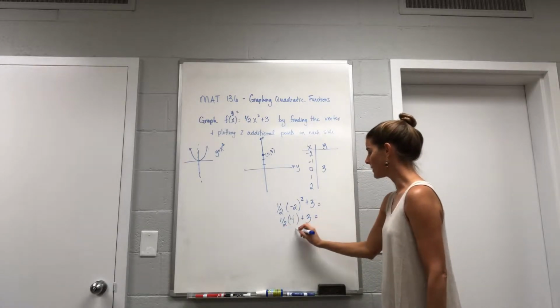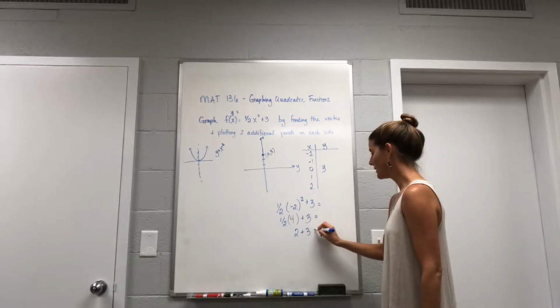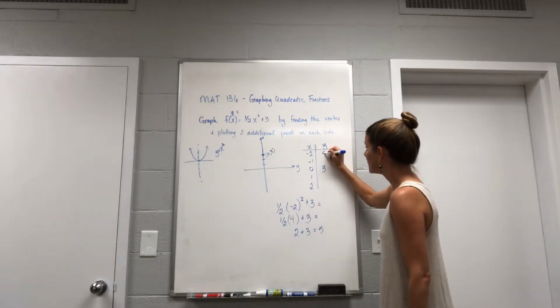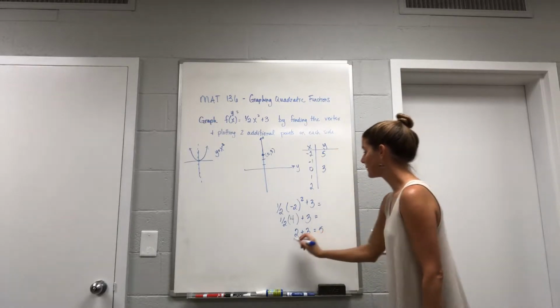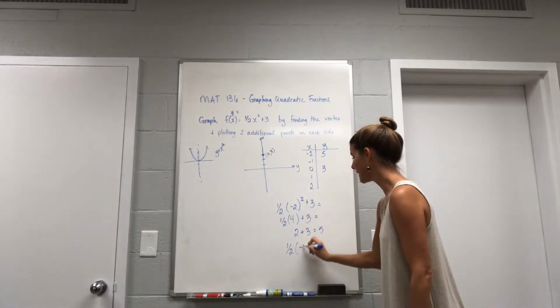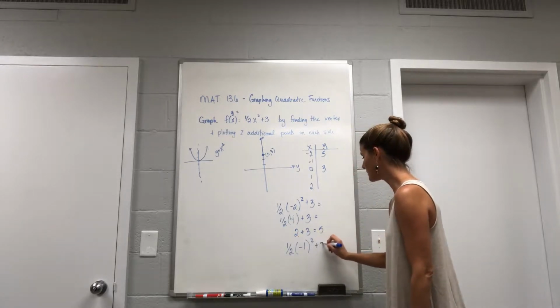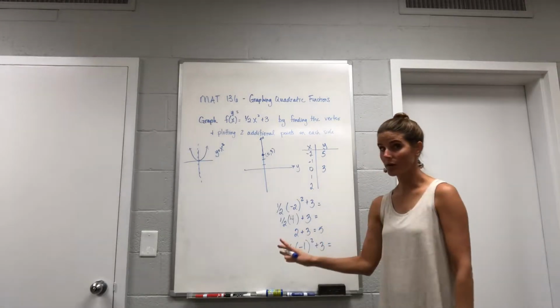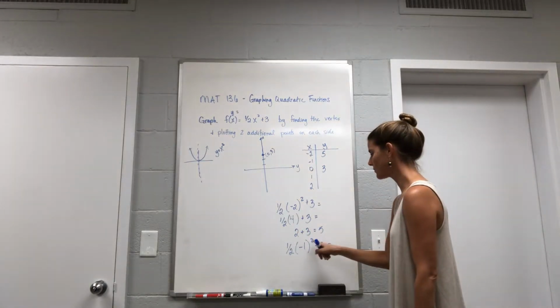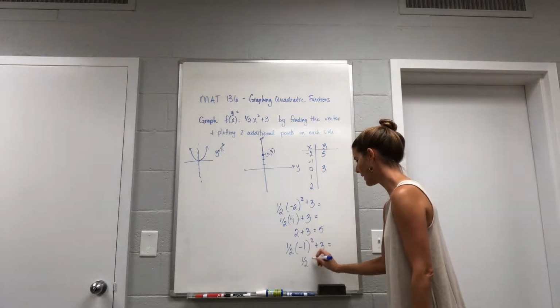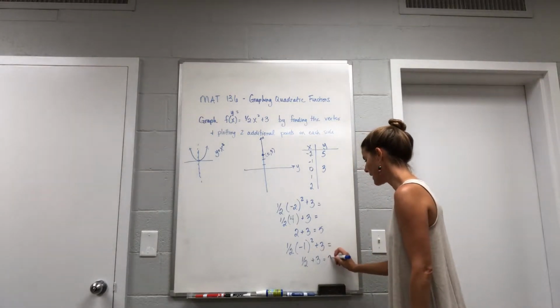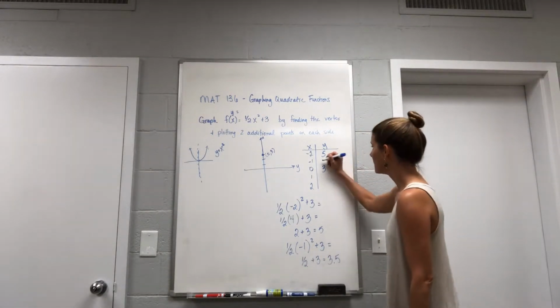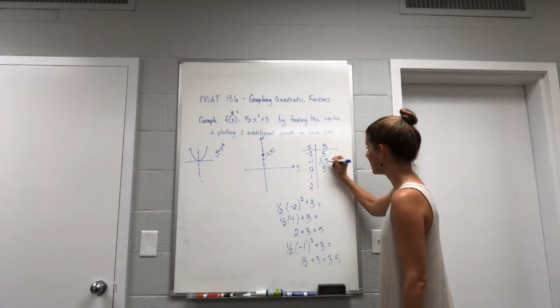And 1/2 times 4 is 2, plus 3 is of course 5. All right, if we do -1, we're going to get 1/2 times -1 squared plus 3. And that will be -1 squared, again, order of operations to do the exponent first. -1 squared is 1, so you get 1/2 plus 3, which is 3.5. So when we plugged in -1, we got 3.5.